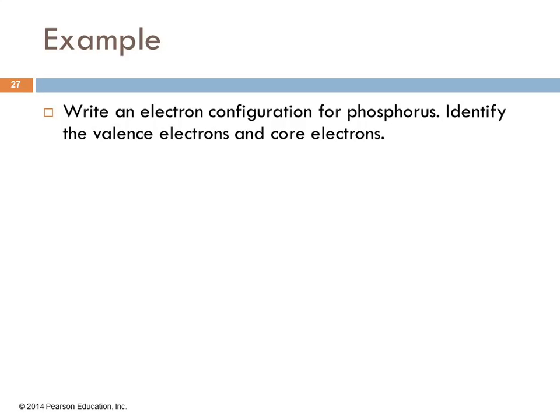Write an electron configuration for phosphorus. Identify the valence electrons and core electrons. How many electrons does phosphorus have? 15. 15 electrons. So without drawing orbital diagrams, 1s is first. We'll fill that up with 2. And 2s2, 2p6.